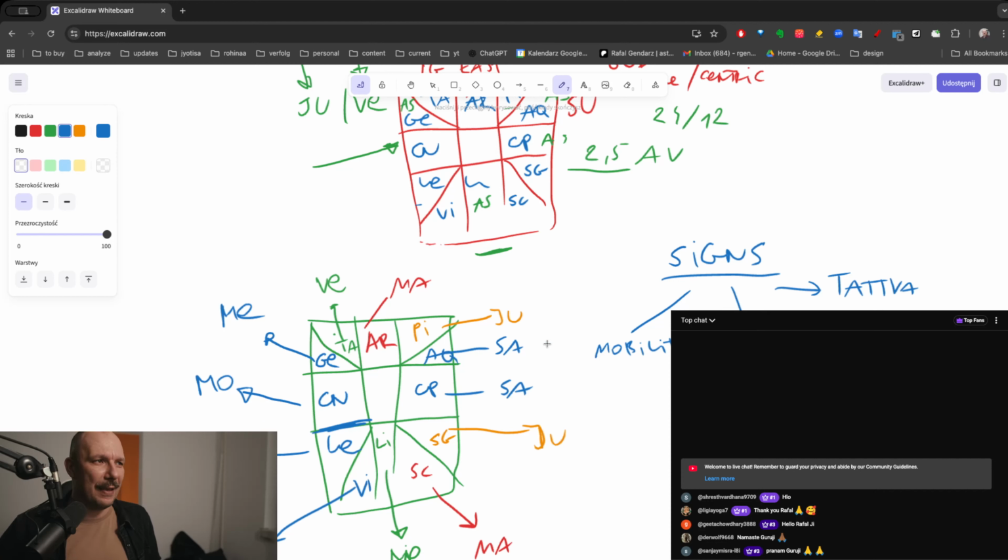You can derive everything from these three. For example, let's take Scorpio. Scorpio is lorded by Mars and Ketu. It is a fixed sign, and it is mobility, lordship, and tattva. And it is watery.